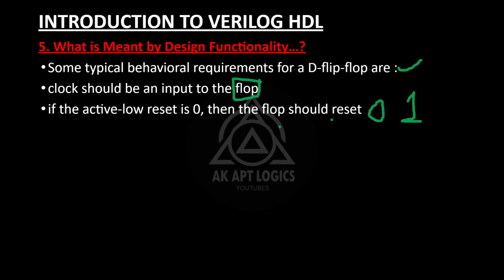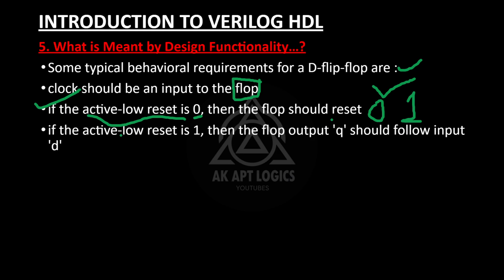Okay. So when the active low reset is 0, I have discussed it previously, right? Then the flop should be reset, in the sense output should be 0, irrespective of the input, right? So it's one design functionality of the flop, which we have seen previously.